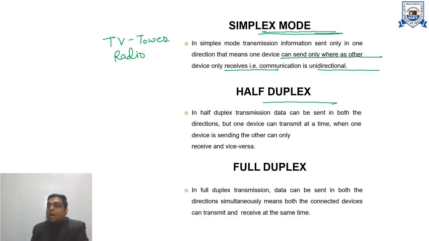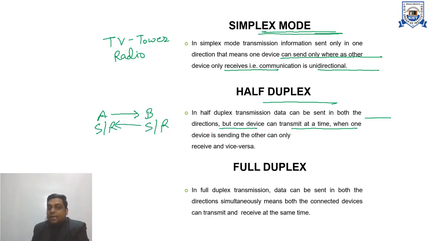Half duplex mode means both devices can transmit, but only one at a time. There is a device A and a device B. A can be sender or receiver, and B can also be sender or receiver, but one at a time.